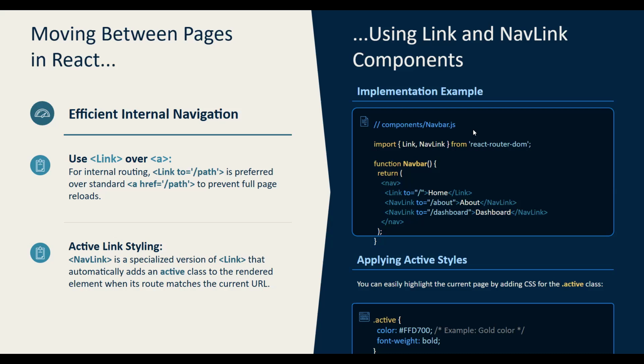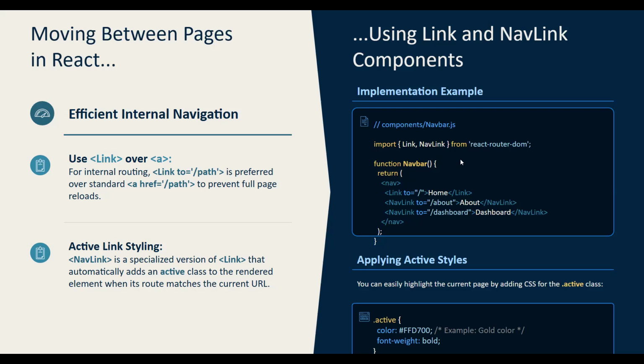And if we try to implement that in a React app, that breaks the smooth single page application experience. But when we use the Link component, React Router updates the URL and swaps the view without reloading the entire page. That way, navigation feels faster and more seamless.